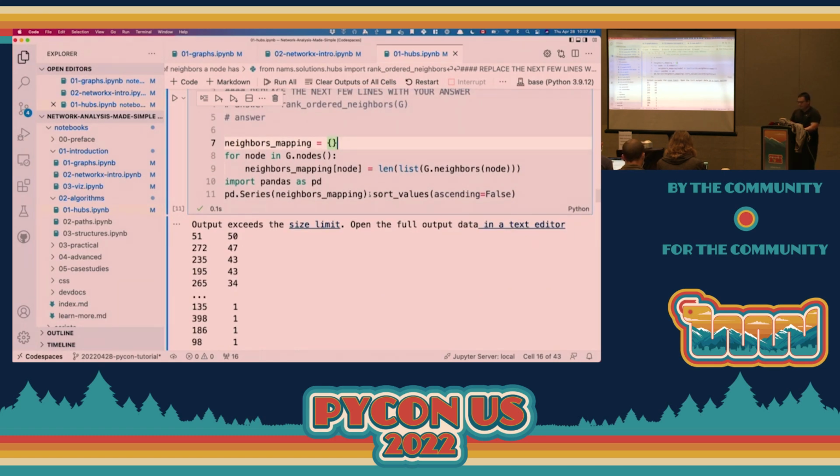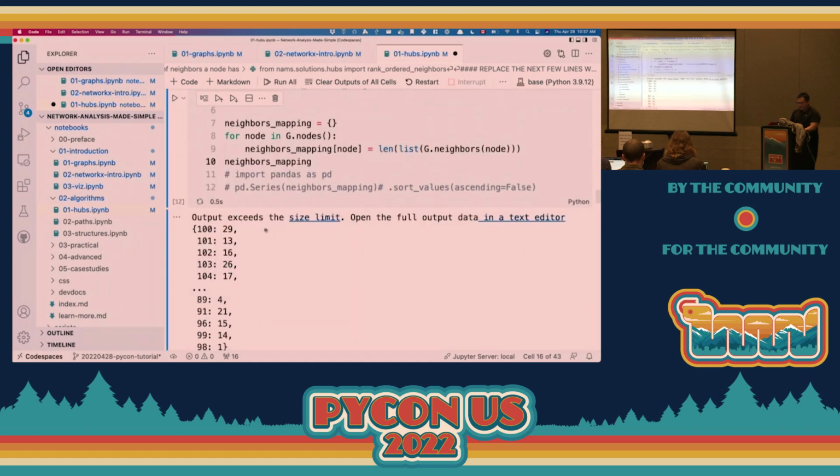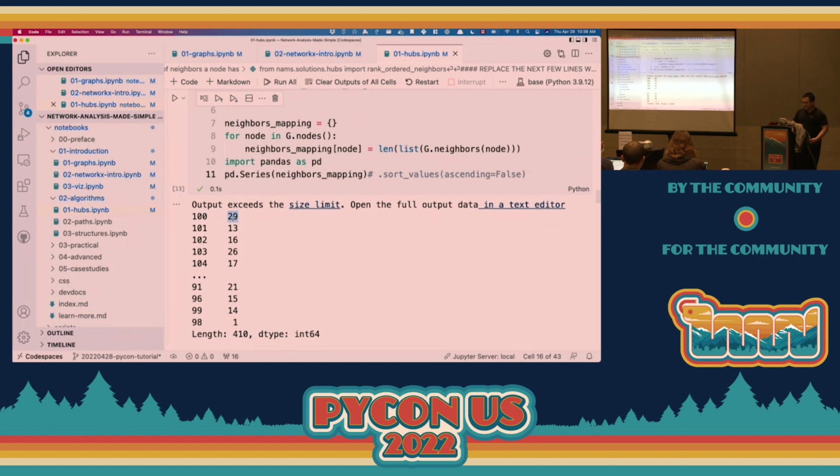So if we do pd.Series, sorry, let me comment stuff out first and walk you through it. Neighbors mapping over here looks like a dictionary, right? So key value pairs. Then what happens afterwards, we cast this as a pandas series. The index is the node ID, and the number of neighbors is the value inside the pandas series.